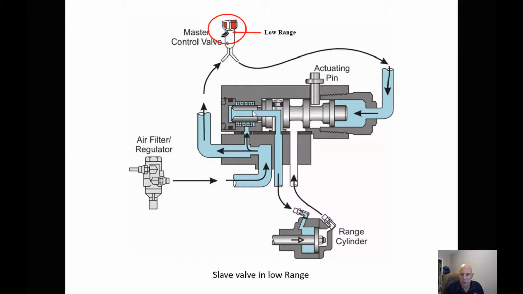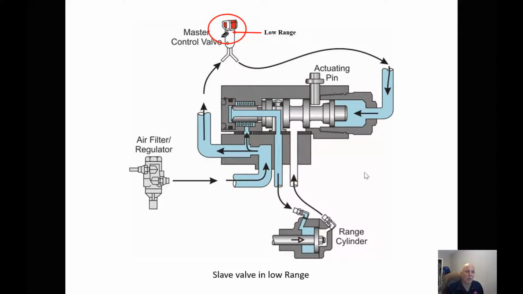So air pressure also goes through the spool valve and goes down and moves this piston rearwards. That puts it in low range. Any air that was on the high side gets vented out to atmosphere.